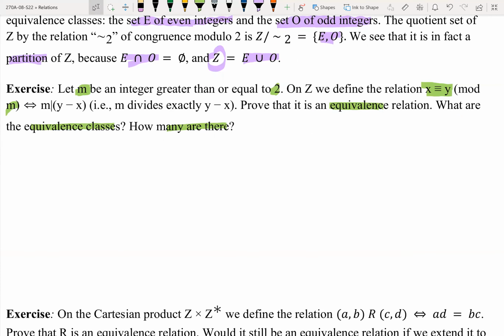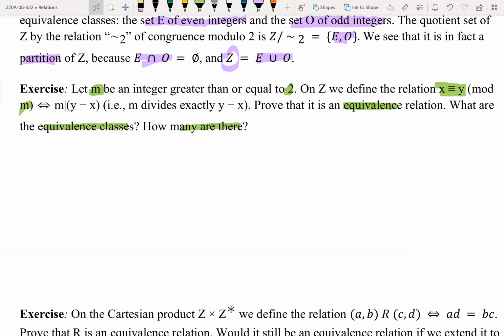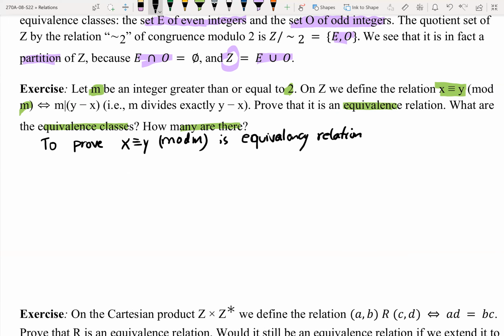Okay. So let's just answer the first part of the question. The first part of the question says, prove this is an equivalence relation. So to prove something is an equivalence relation, first, it has to be reflexive.